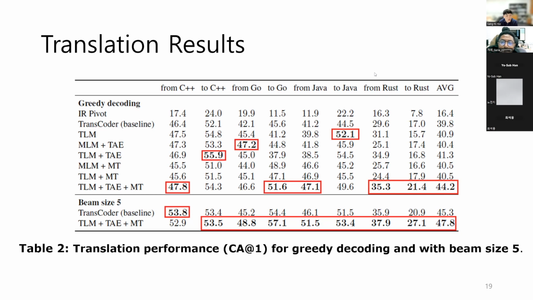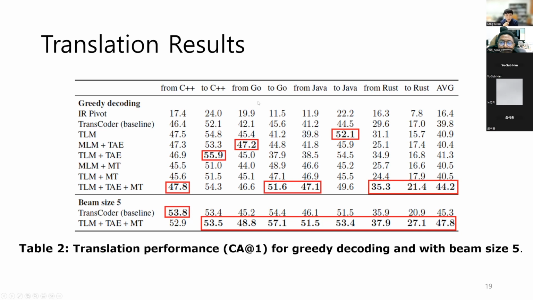A program that came from Java is also the same. Actually, for this purpose, these authors have achieved this result using a decoder on the target program and back translation. But in general, IR pivot has very low efficiency in this setting, in these results.